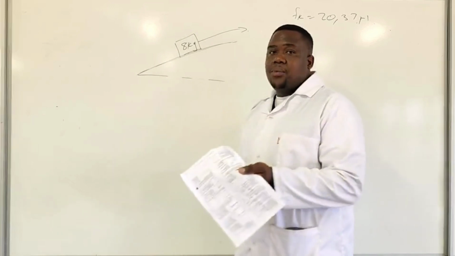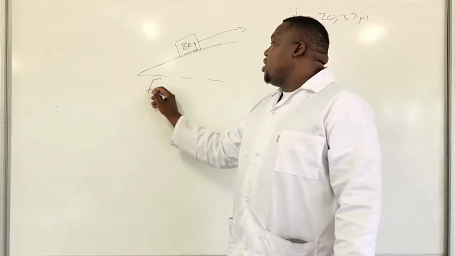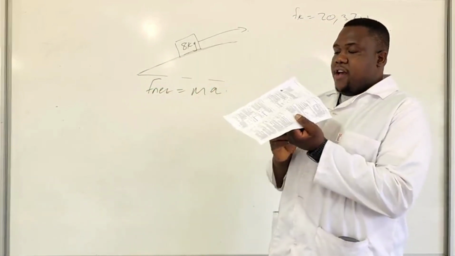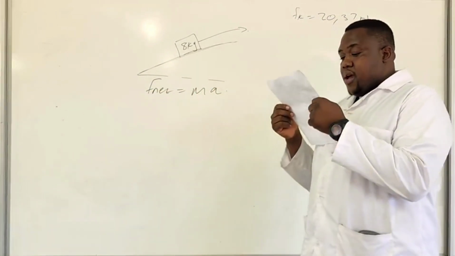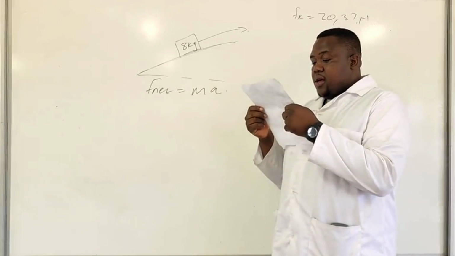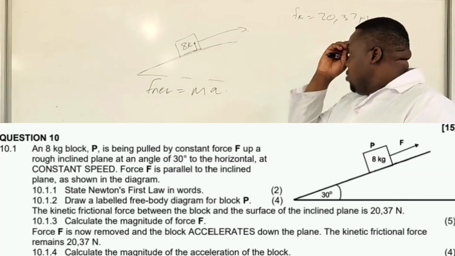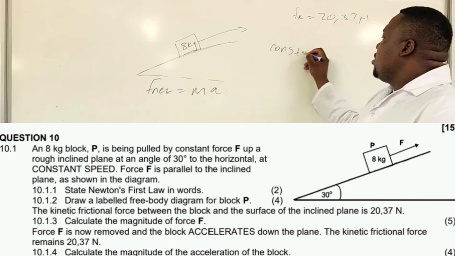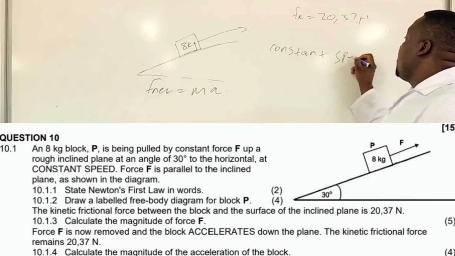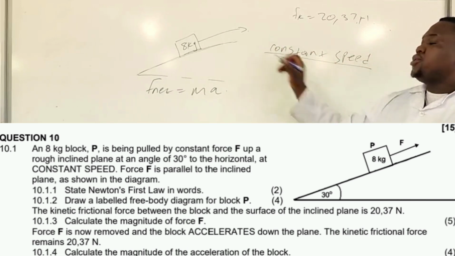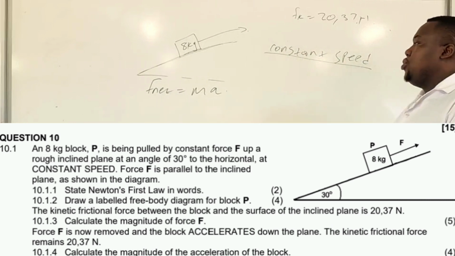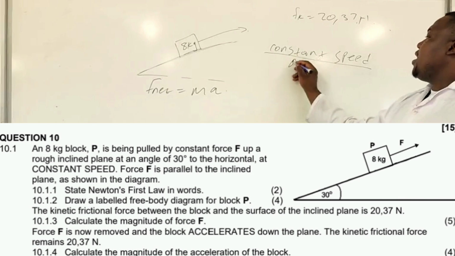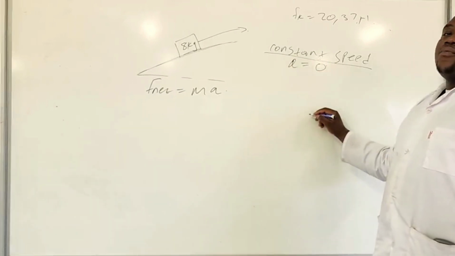We use a formula called F net is equal to MA. And we notice that we are told that the object is moving at constant speed. I told you in lesson number 2 that constant speed means that acceleration is equal to 0.